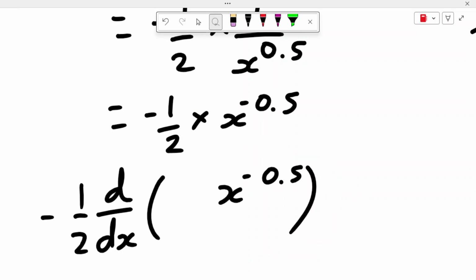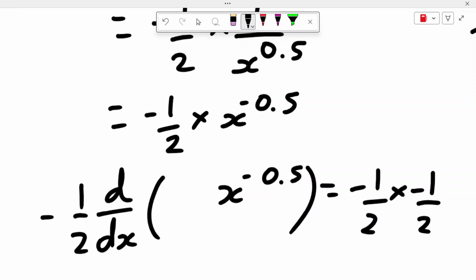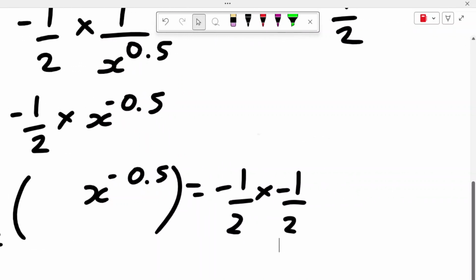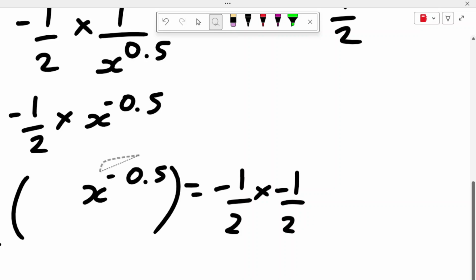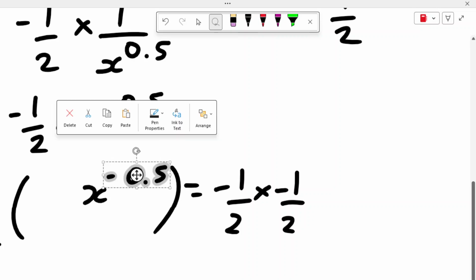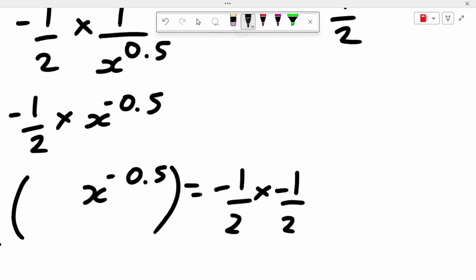That's up to you. But what I can say is that it's -1/2 times -1/2, because we're multiplying this top bit down. And then the x stays the same, and it's -0.5 minus 1.